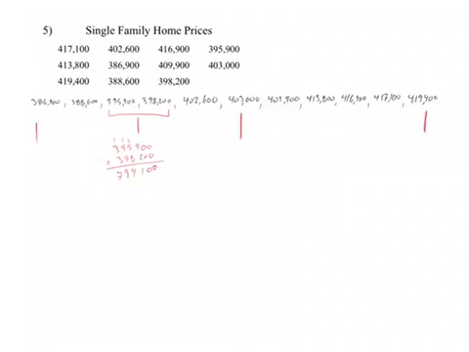And then divide that number by 2. You get 397050. So this is our first quartile.